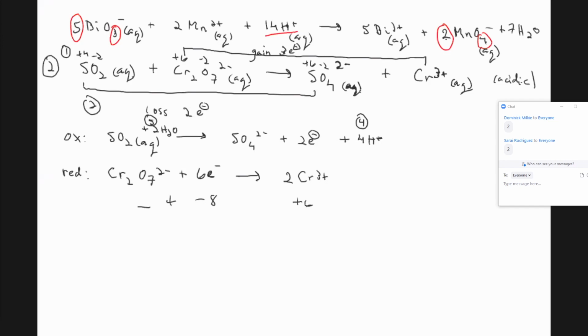Some number plus this is equal to +6. Correct. So you're going to add 14 hydrogens. That'll balance out the charges. And then we're going to balance out the waters. This side has 7 oxygens, 14 hydrogens. We're going to add 7 waters again.